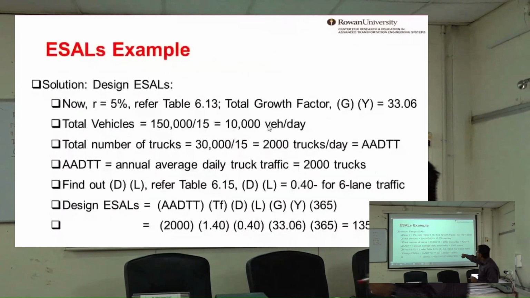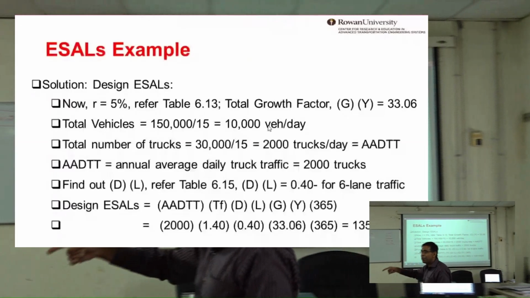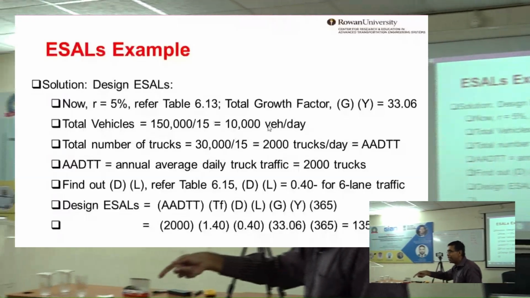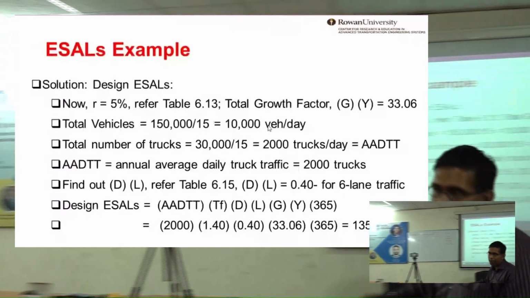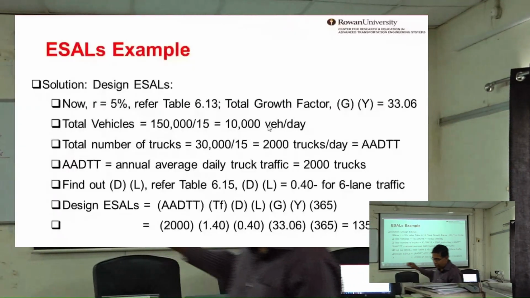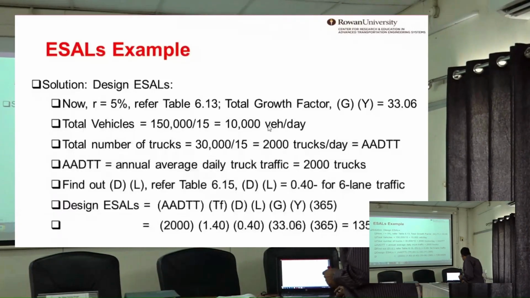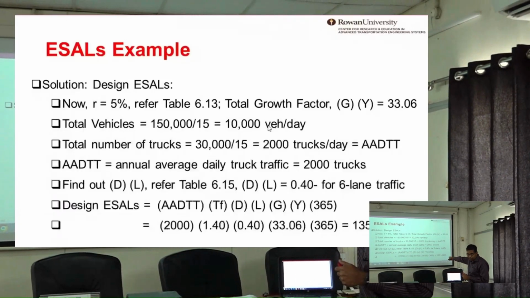So D is 0.5 and L was 0.8, so 0.5 times 0.8 became 0.4. So I skipped a step. But I gave you a 0.7. This is the result, so you should get the same answer.